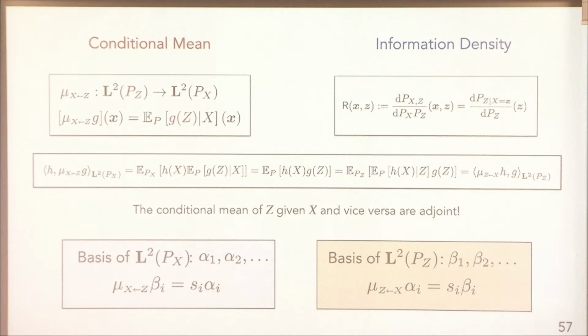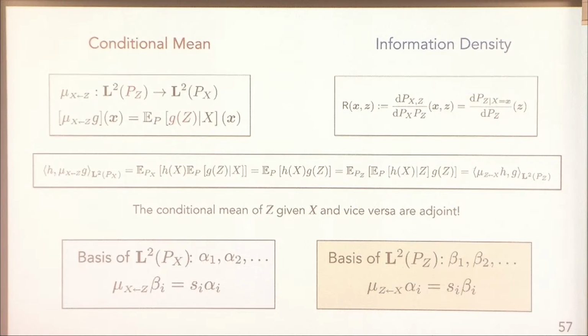If you do the same process on the other side, you will get the projection of the conditional mean operator from X to Z, evaluated on h, projected onto the direction g, right? Under L2 of PZ. Okay? So because of this symmetry between the two modalities, what's going to happen is that you can jointly diagonalize those operators, right? So you can jointly diagonalize them, and they will share the same singular values, right?